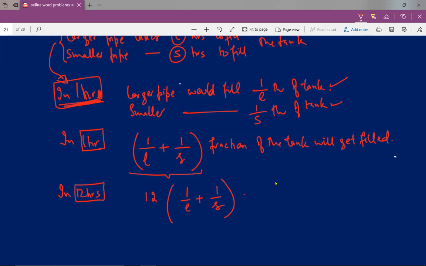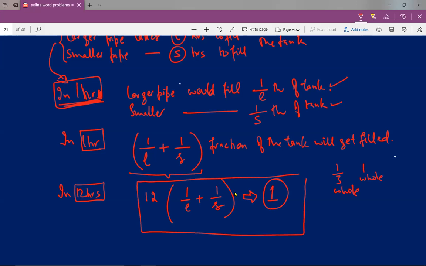And if you understand, this would actually be the full tank, because 1/3 is a fraction, but 1 is whole. So this 1 implies that whole of the tank has got filled. I hope you have understood the logic.